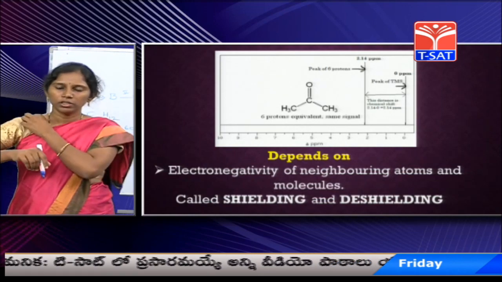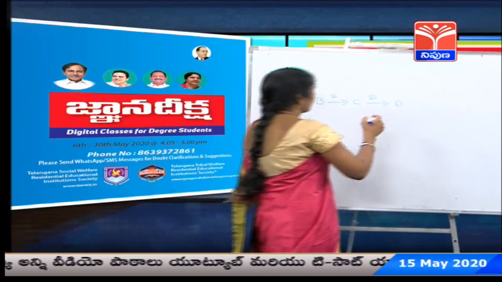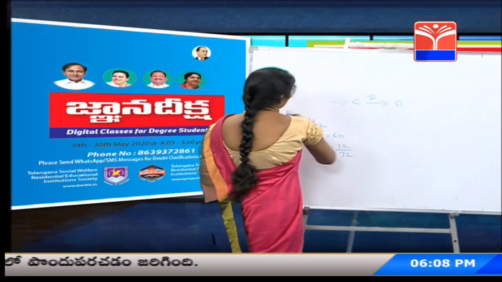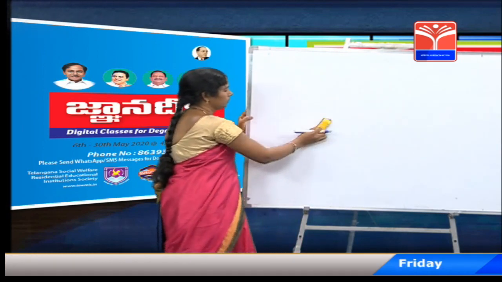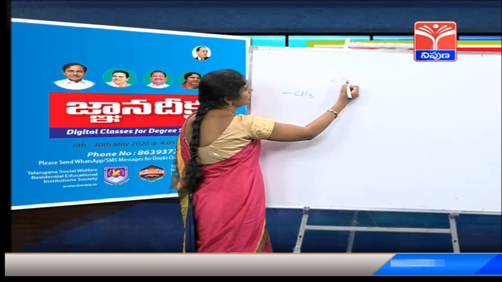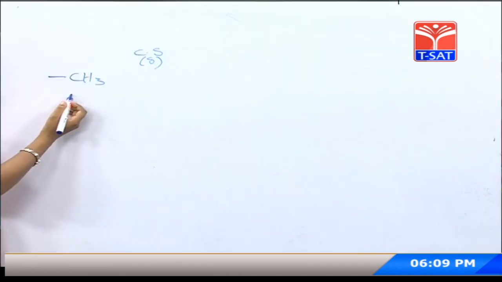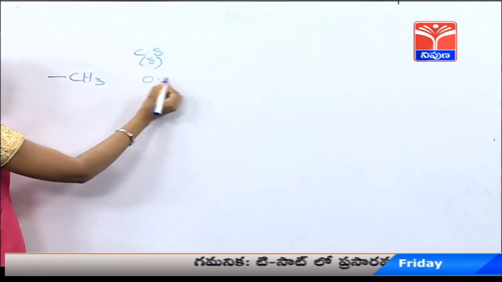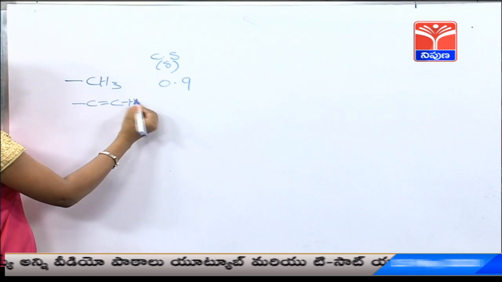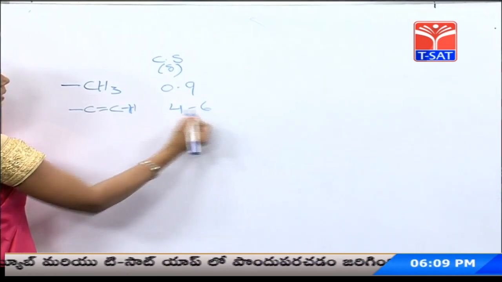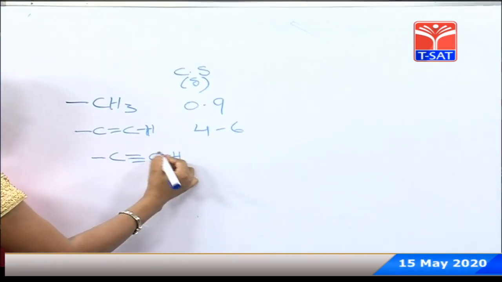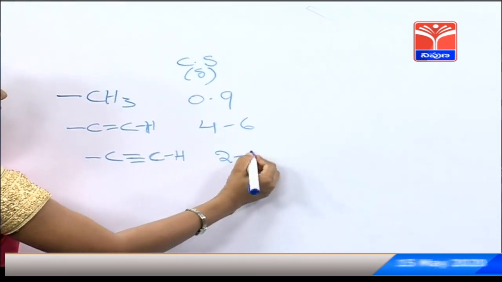Let me show the chemical shift value of some molecules here. If we take alkyl protons, the chemical shift is observed at 0.9 delta ppm. If we take alkenyl protons, the value will be from 4.4 to 6, and in acetylene or triple bonded carbon we got the peaks at 2 to 3.